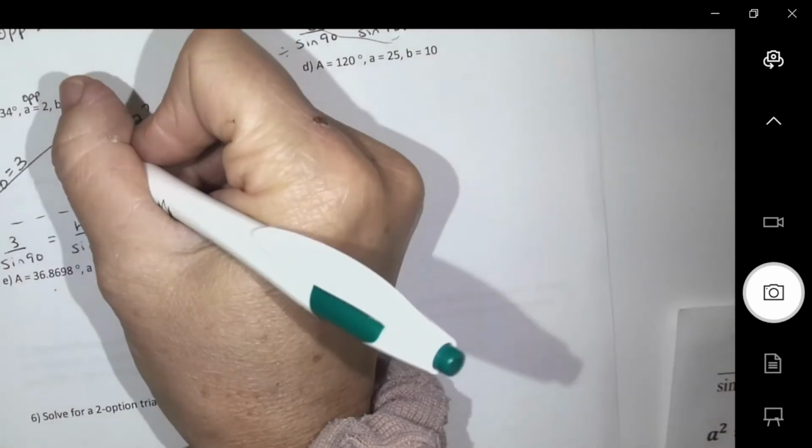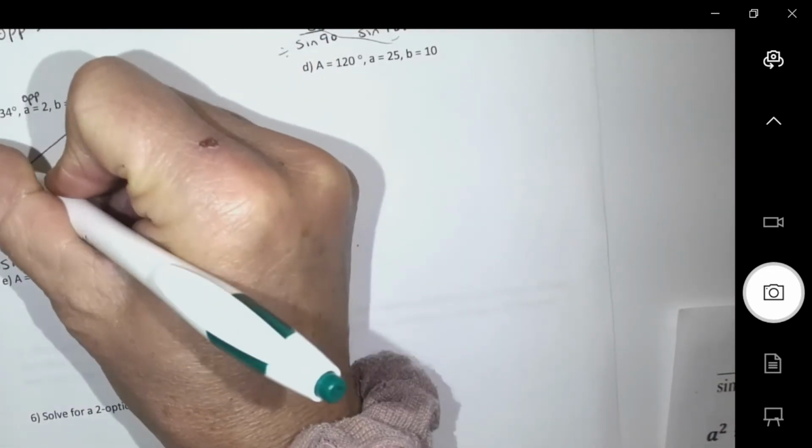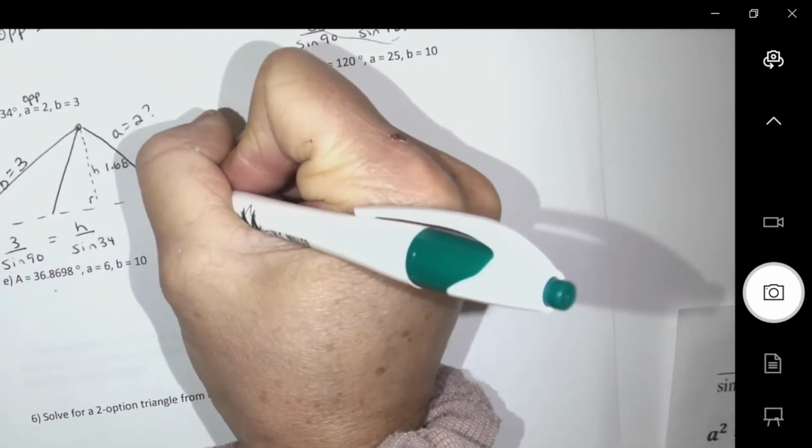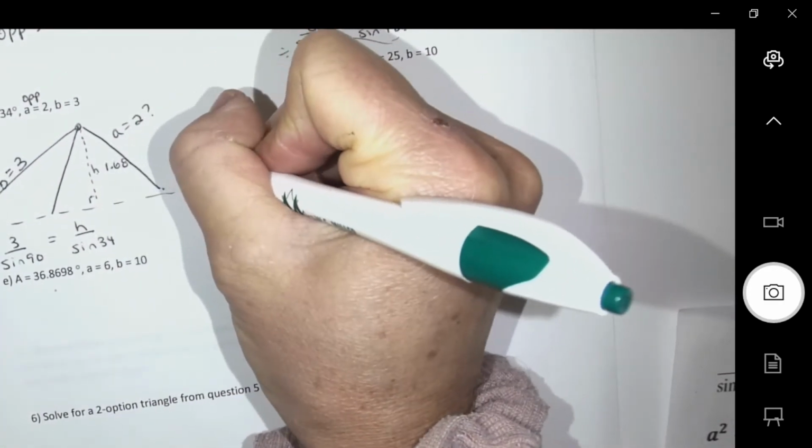Does that work? So where does the 2 fit into that situation? It would be longer than that, but shorter than that. So it'd be in between, which will make 2 triangles. Okay? So when it's in between the height and the other side, it will end up being 2 triangles.